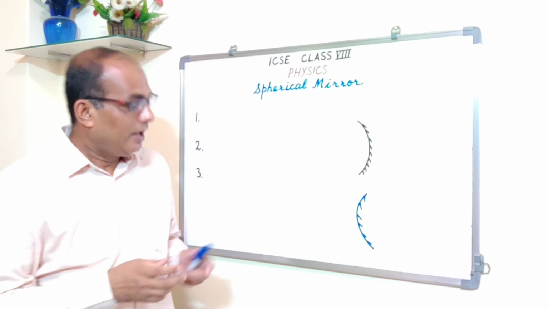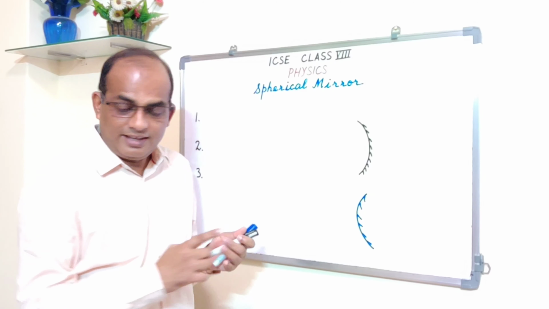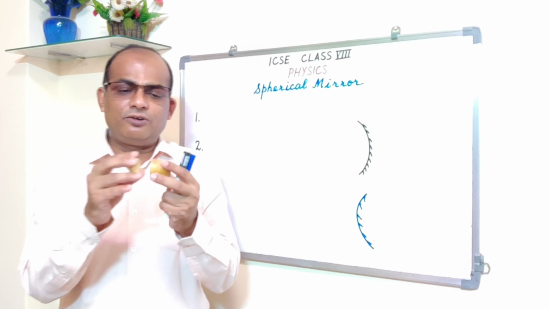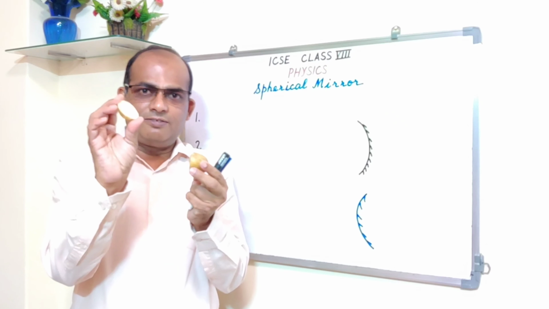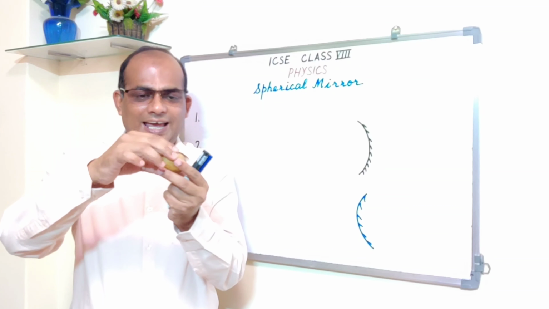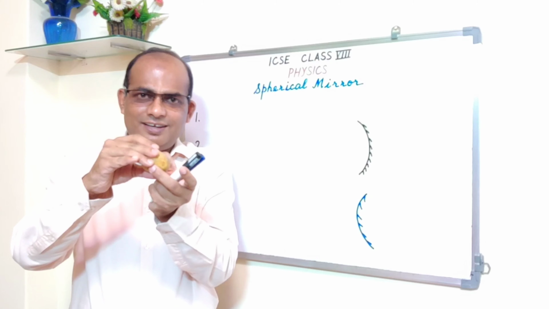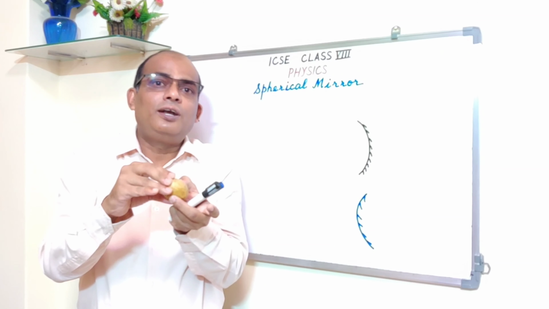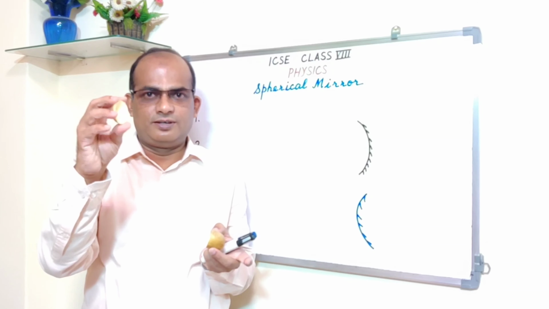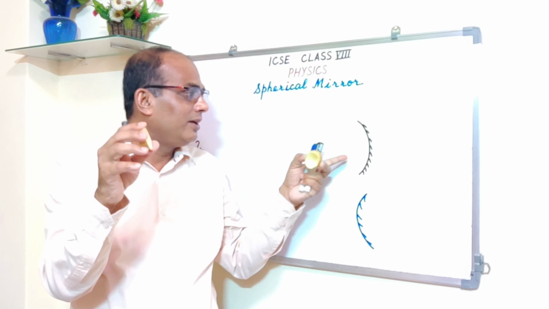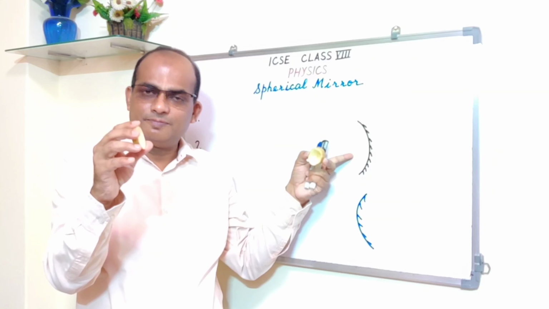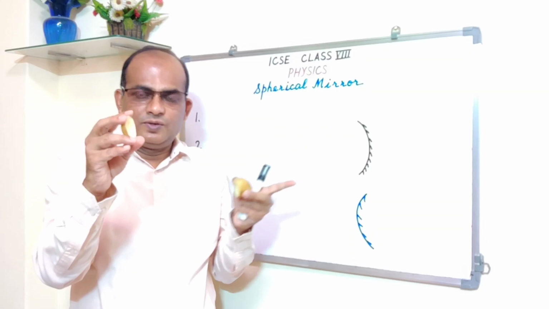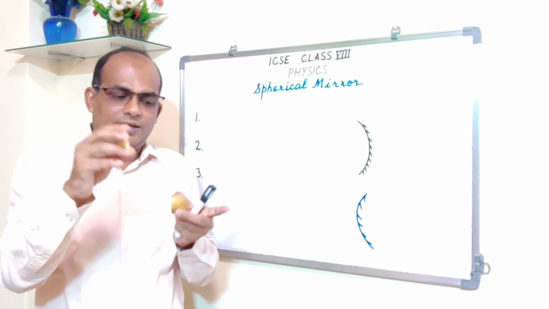Now see, as I showed you, this mirror is a part of this hollow sphere, and this sphere has its center. That center is called the center of curvature of this spherical mirror, in particular the concave mirror, if we talk about this type of mirror.